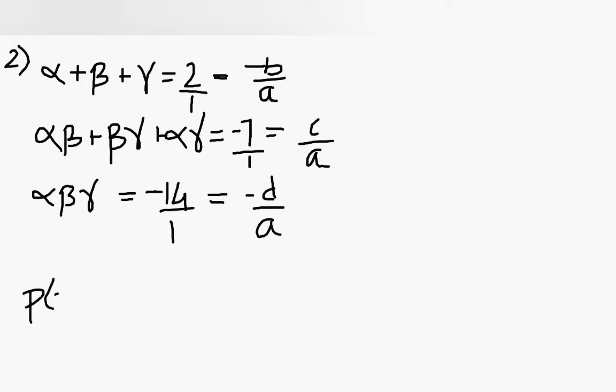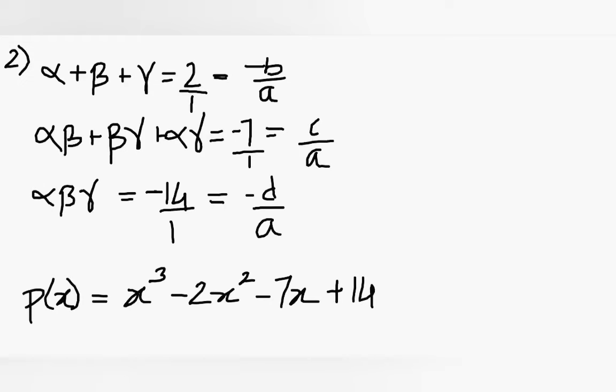Now we have to write p of x is equal to x cube, because a is 1 everywhere. Now 2 is equal to minus b, so minus 2 is equal to b. That's simple logic. And x square, because b is the coefficient of x square. Now c is equal to minus 7, so minus 7x, and minus d is minus 14, so d is equal to plus 14. So this is it. This was the sum, nothing much.